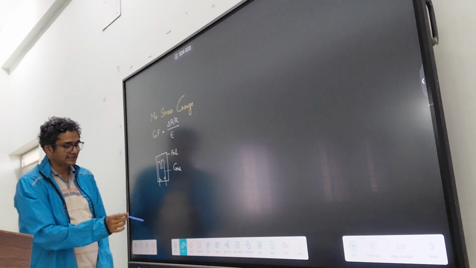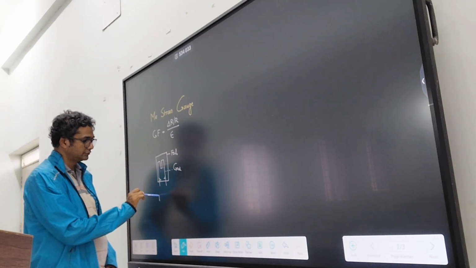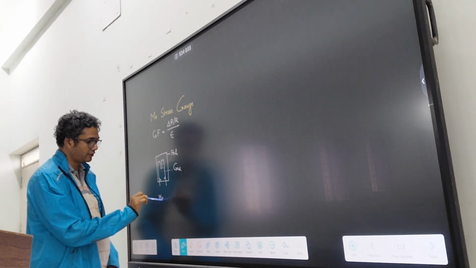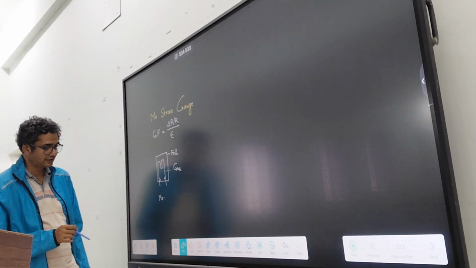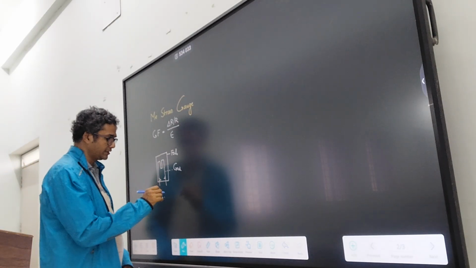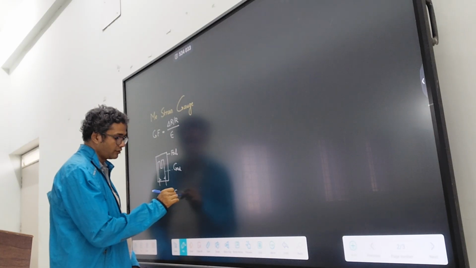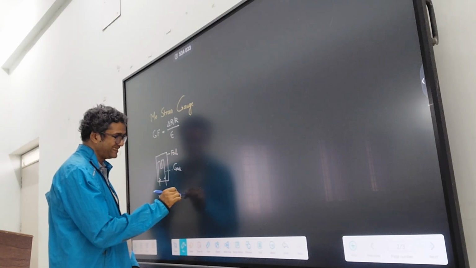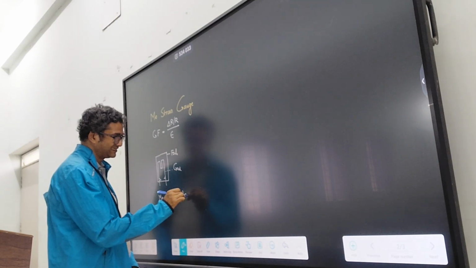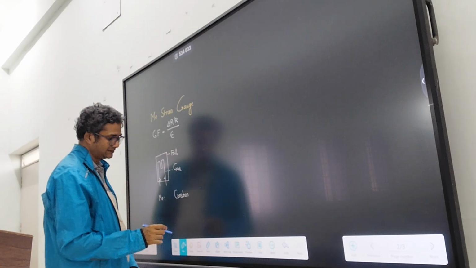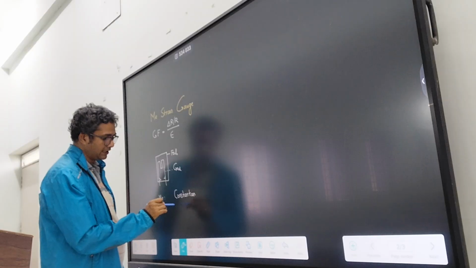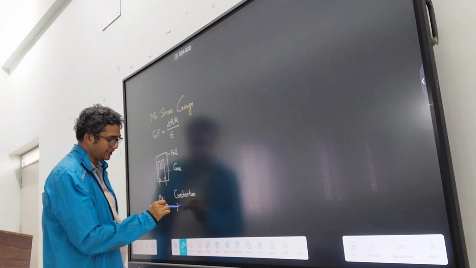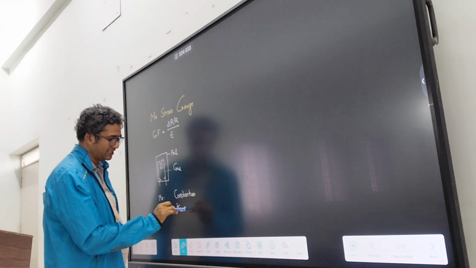So the materials, the metals that can be used for a metallic strain gauge, there are two types of materials. One is constantan and the second one is called Karma. Basically alloys.